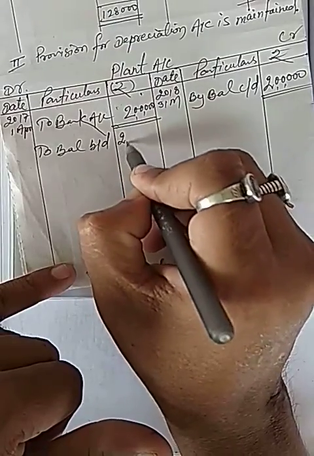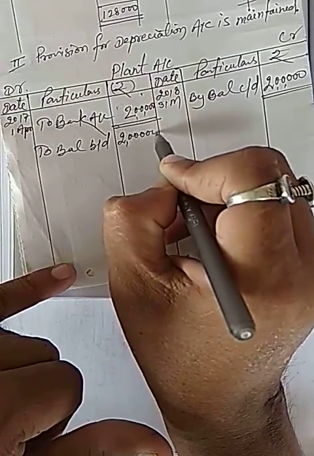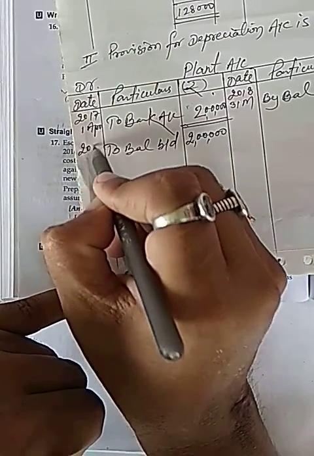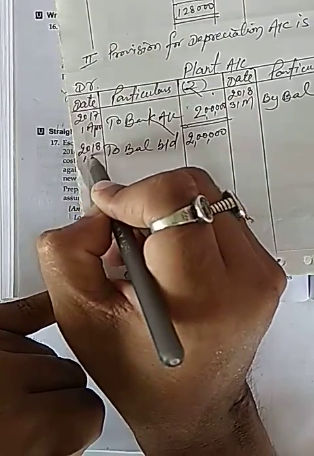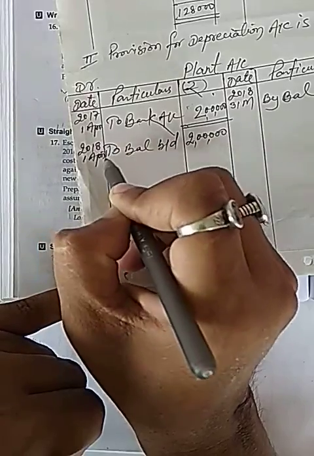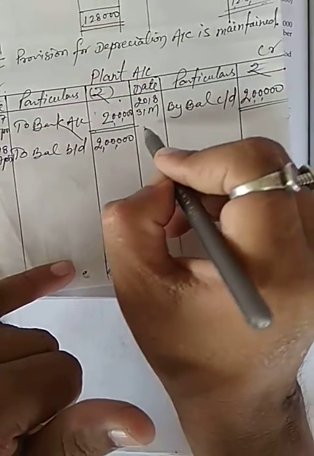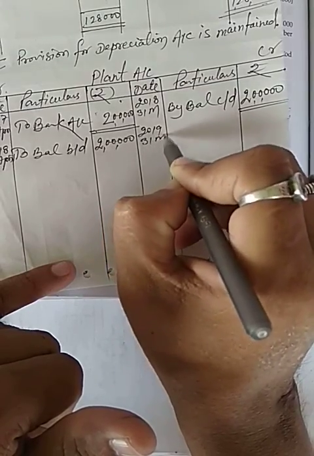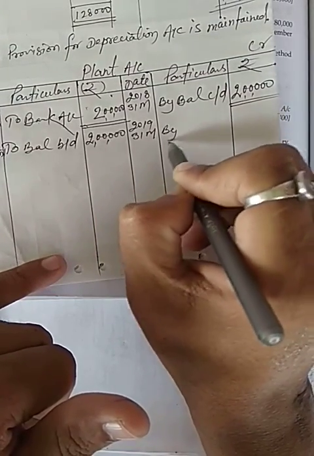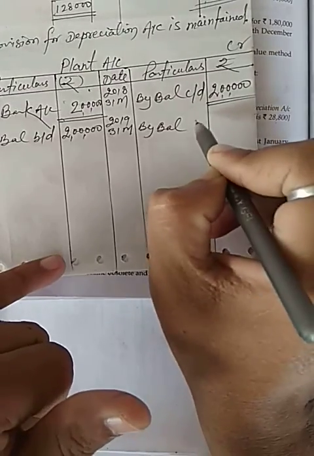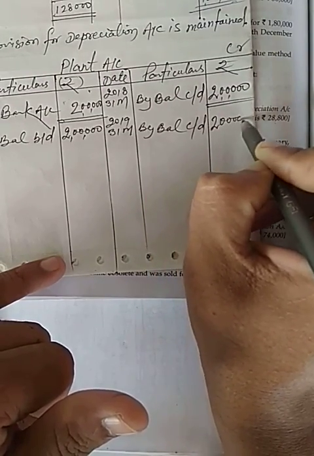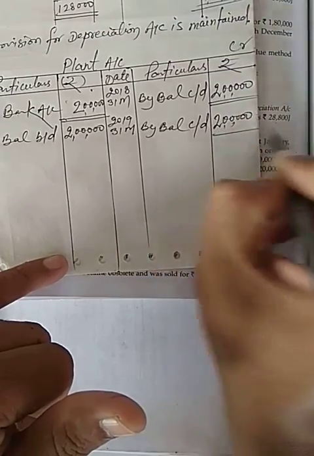It will be 2 lakh on 2018 1st April. Now on 2019 31st March by balance CD, it will also be 2 lakh, and I will close it off.